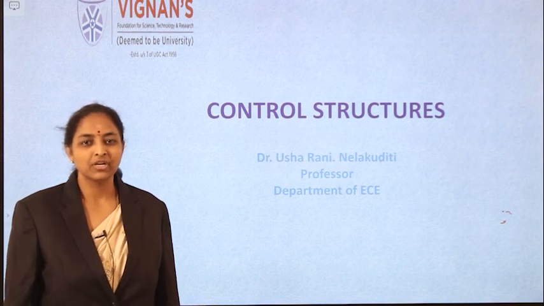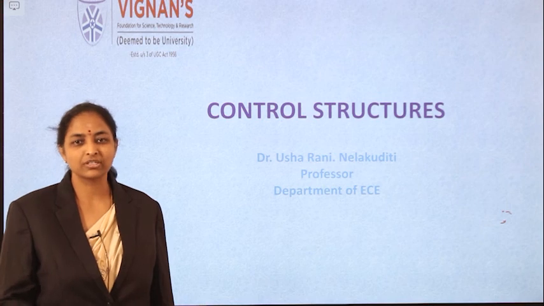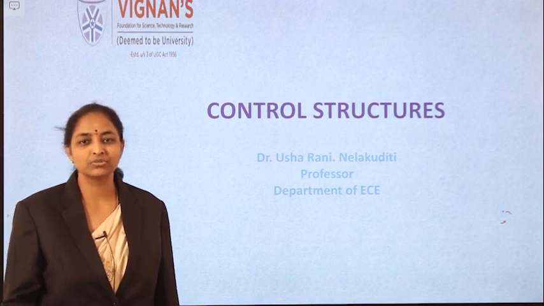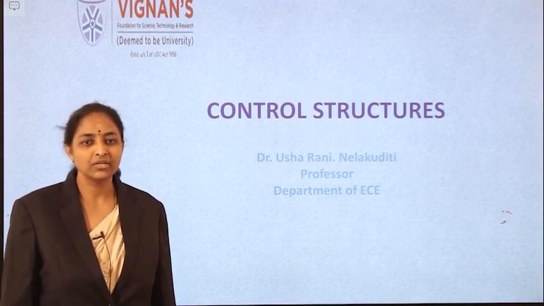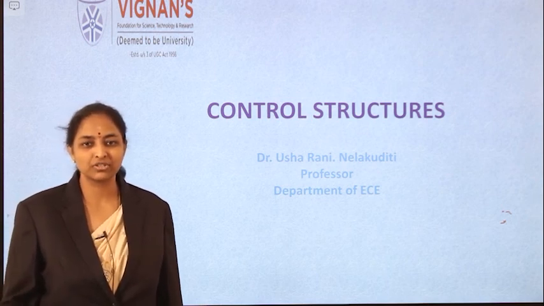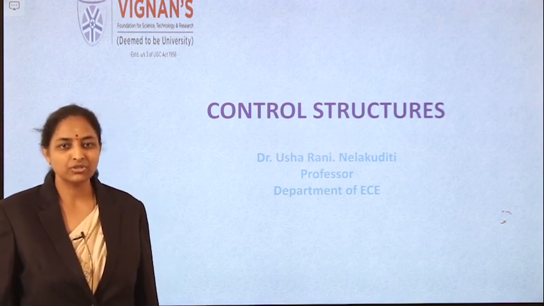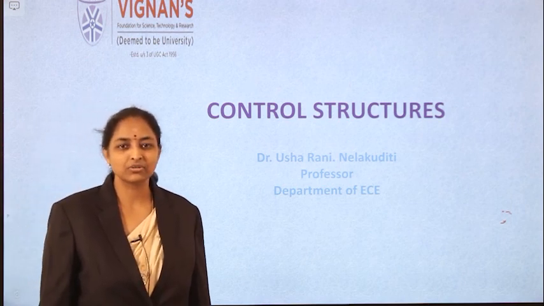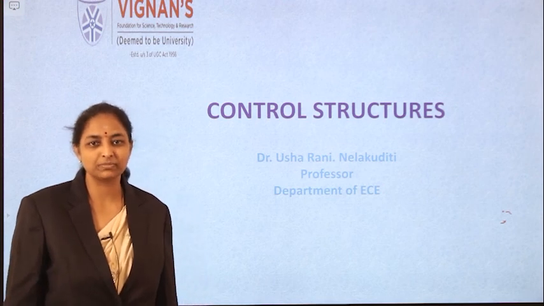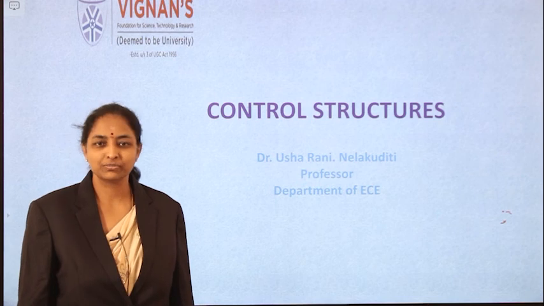In that case, you need not write the code separately for all the samples. You can't multiply and do things in a repeated way like that. In such cases, if you write a control structure, that means if you put them in a loop, then it will be easier. So today we will learn some control structures which are present in PERL, so that we can write efficient programs in PERL.